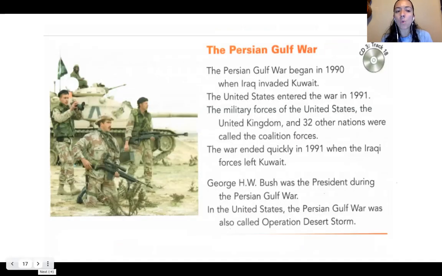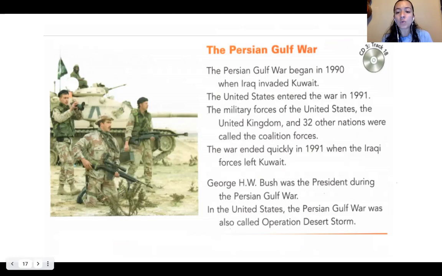And the final war of the 1900s is the Persian Gulf War. The Persian Gulf War began in 1990 when Iraq invaded Kuwait. The United States entered the war in 1991. The military forces of the United States, the United Kingdom, and 32 other nations were called the coalition forces.